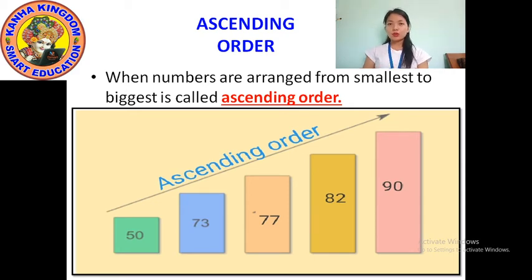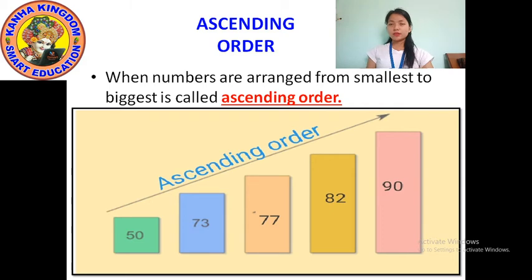Okay, see the picture of ascending order: 50, 73, 77, 82, 90. The number are arranged from smallest to biggest, right? 50 is smaller than 73, and 73 is smaller than 77. 77 is smaller than 82. 82 is smaller than 90.